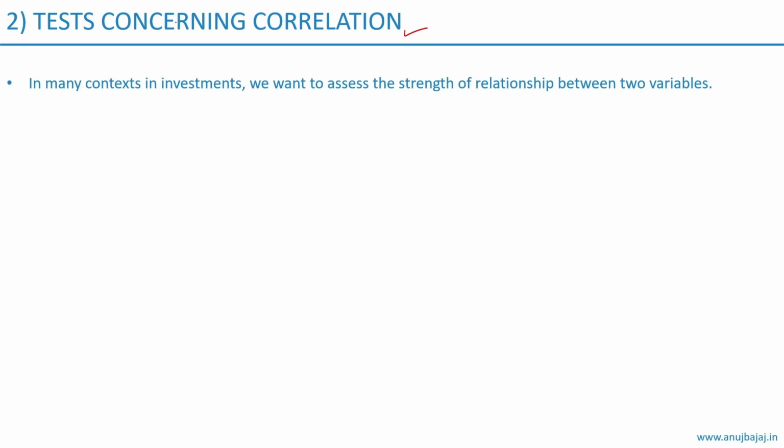In many investment contexts, we are interested in assessing the strength of the relationship between two variables. We want to find out how strongly two variables are related to each other. So we evaluate this strength of relationship using correlation. Correlation measures the strength of linear relationship between the two variables.